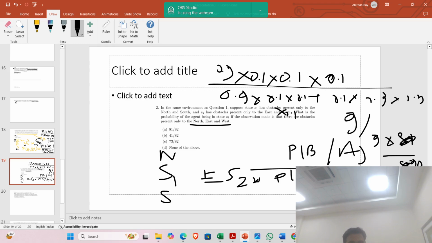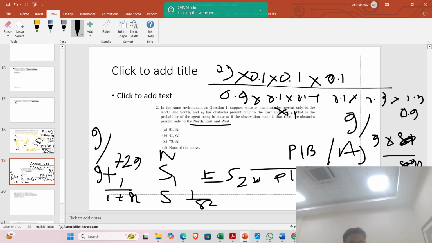For the south part, it is not occurring, and we have to keep it like that, it is 0.9 only. Multiplied by 10 to the power 4, what we get is 9 by 9 plus 1 plus 81, 1 plus 82. This is what we get.